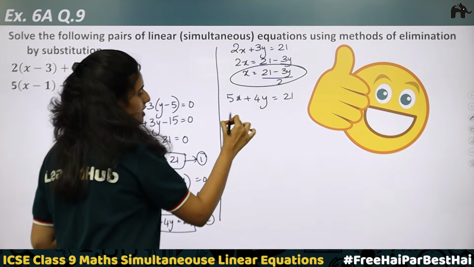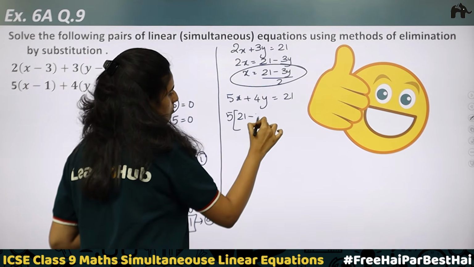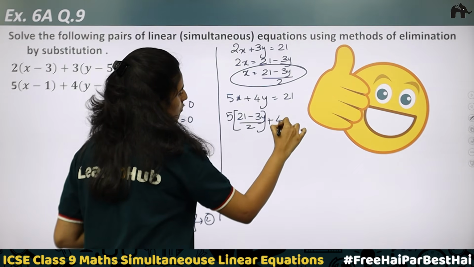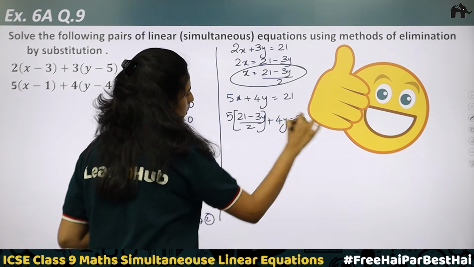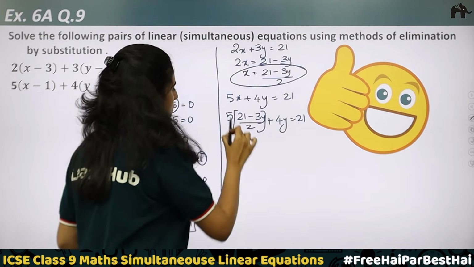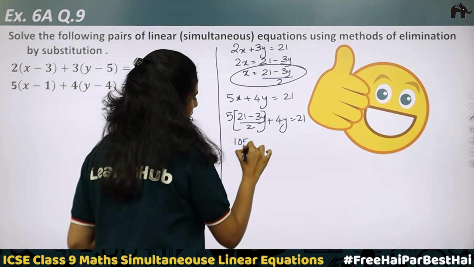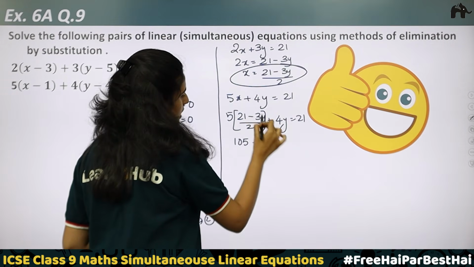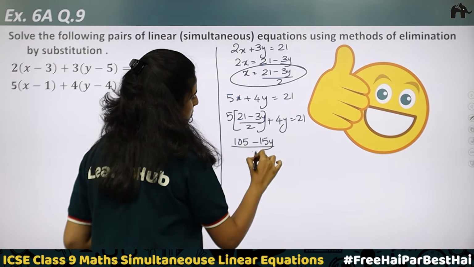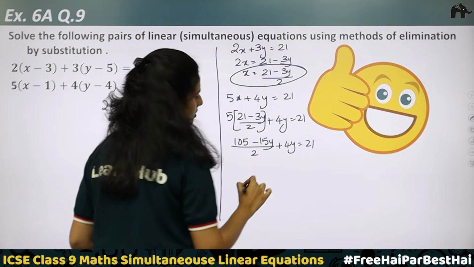Substituting the value of x, we get 5 into 21 minus 3y divided by 2 plus 4y is equal to 21. Removing the brackets and multiplying, 5 into 21, that is 105, minus 5 into 3, 15y, divided by 2 plus 4y is equal to 21.